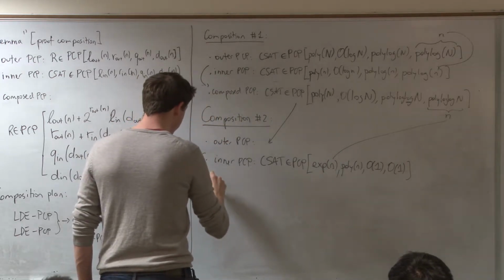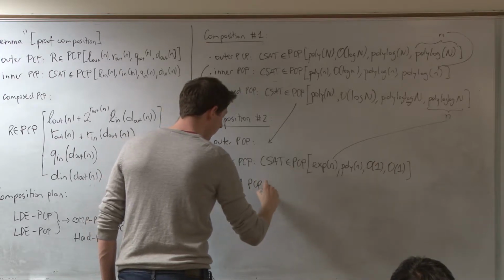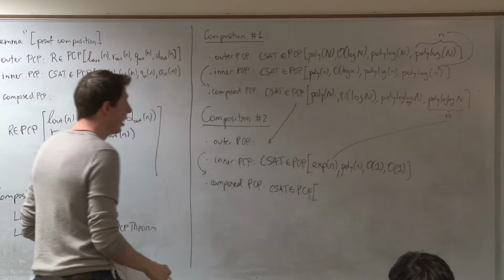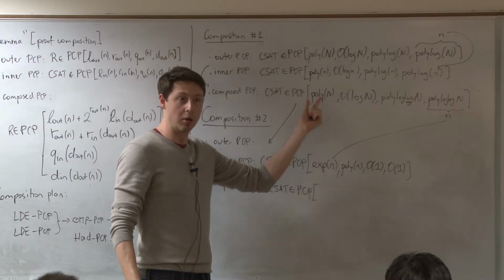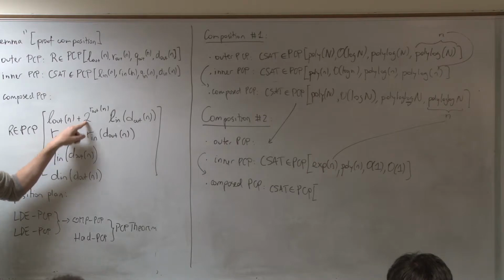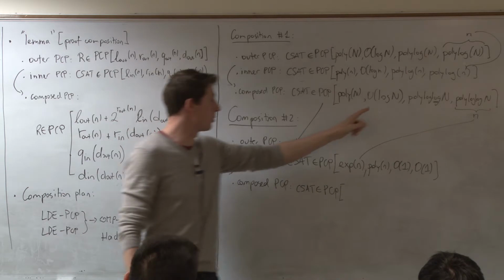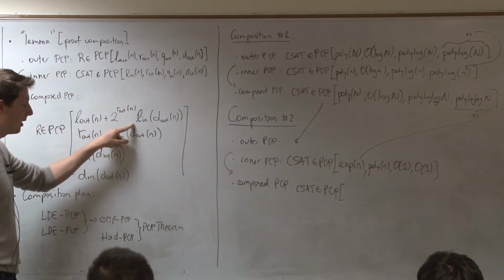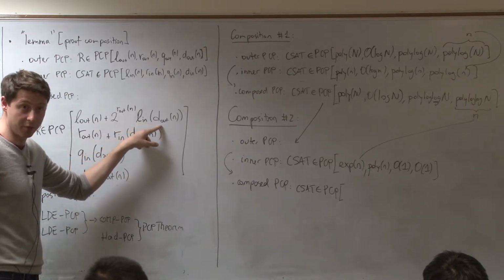So in the composed PCP, we're going to get CSAT to be what? Well, we're going to have poly big N plus 2 to the R out n, which is fine, because we have 2 to the log n, that's poly n, times the inner PCP on the outer PCP decision complexity.